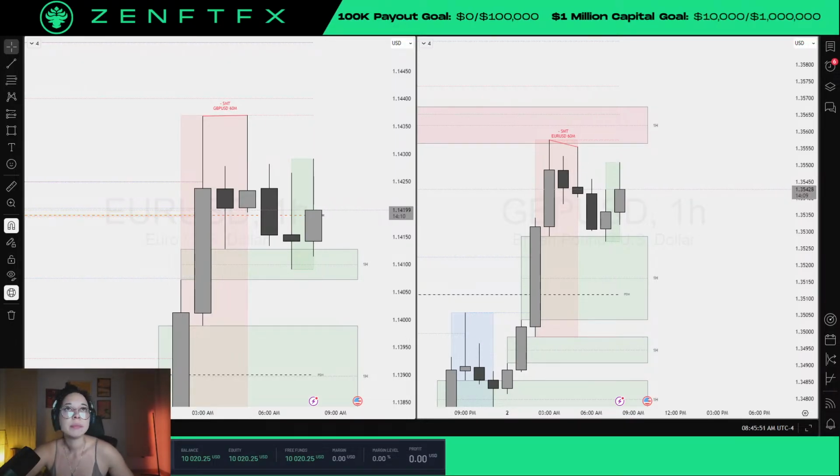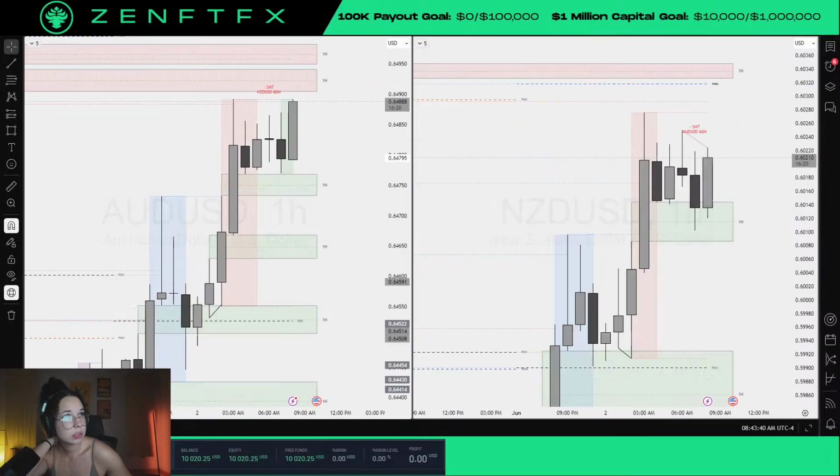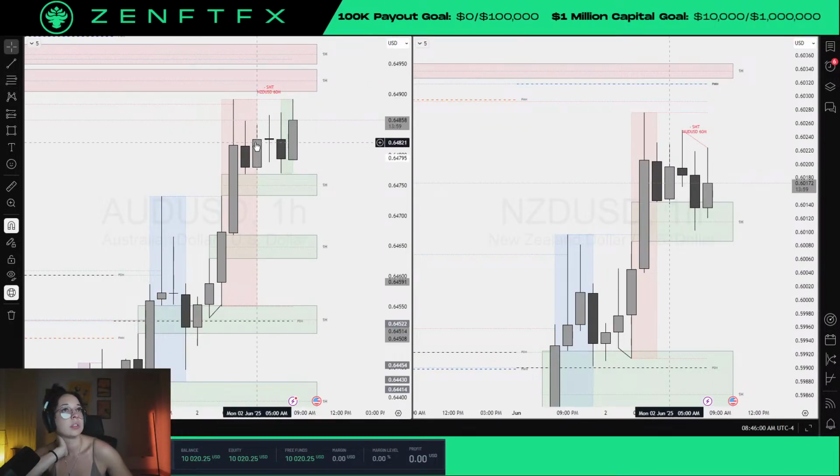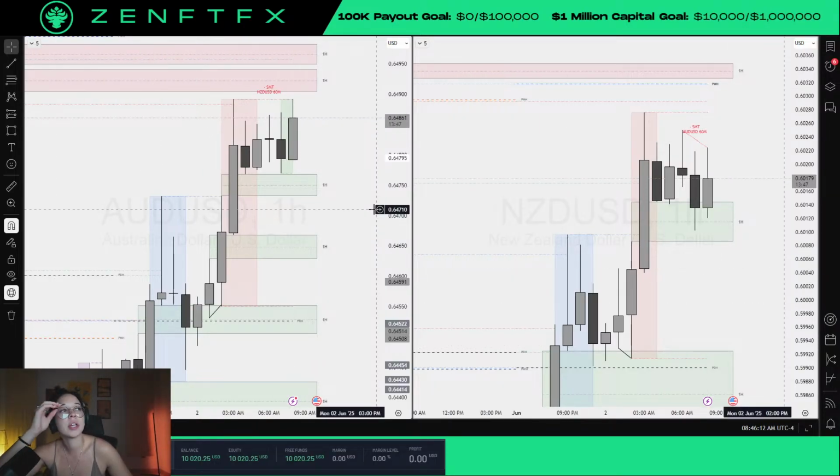We got 14 minutes till the hour closes. So far it's not much. I don't really like trading AUD and NZD during New York. 10 a.m. Eastern should be interesting.